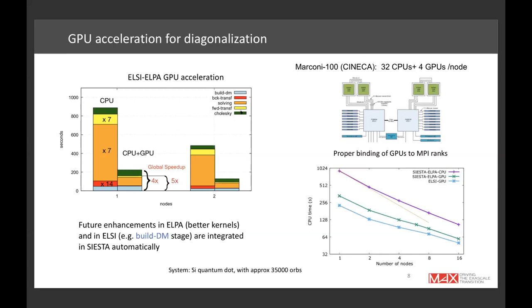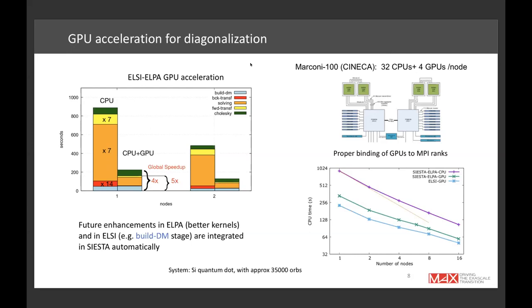You can see that the different stages that we were talking about before in dealing with the matrices in the diagonalization process are accelerated by a substantial amount. So in the end, we get a global speed up of 4 times, or maybe 5 times, depending on whether you count the first step of self-consistency or not.